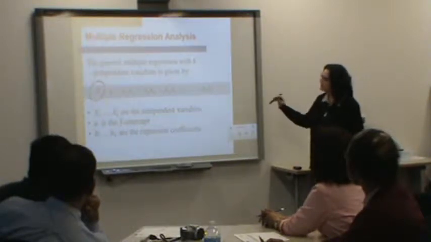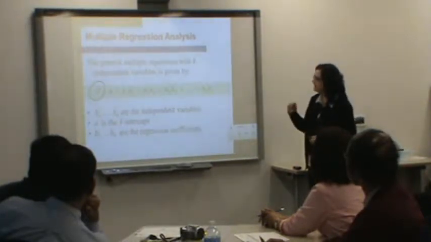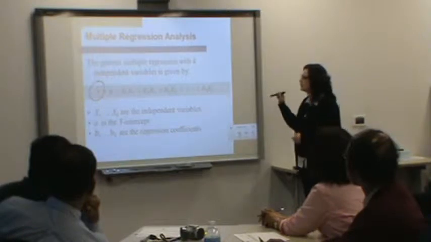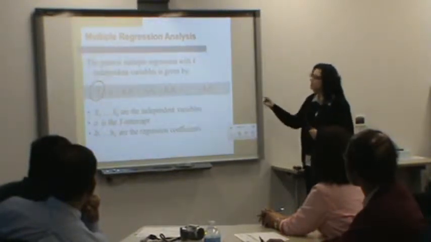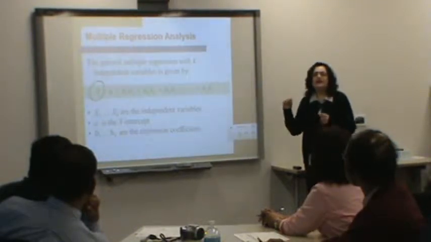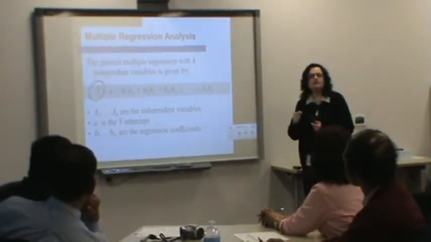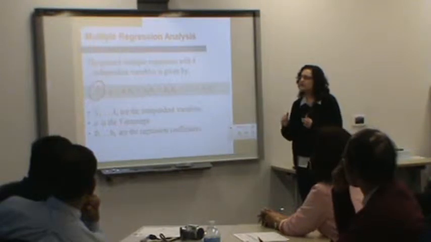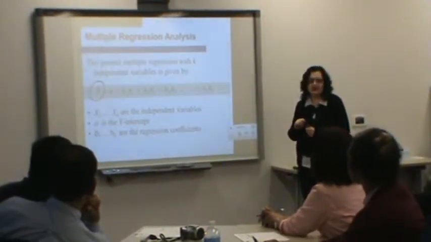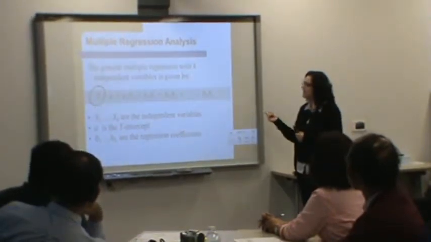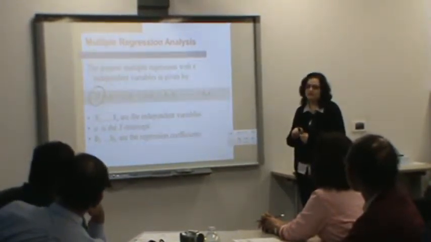So these are the independent variables. A is known as the intercept, and b1, b2 up to bk are known as the regression coefficients. Now these regression coefficients, you must have got the hang of it after doing this activity, because when it's positive, it means it has a positive impact on y hat. When it's negative, it's got a negative impact on y hat.